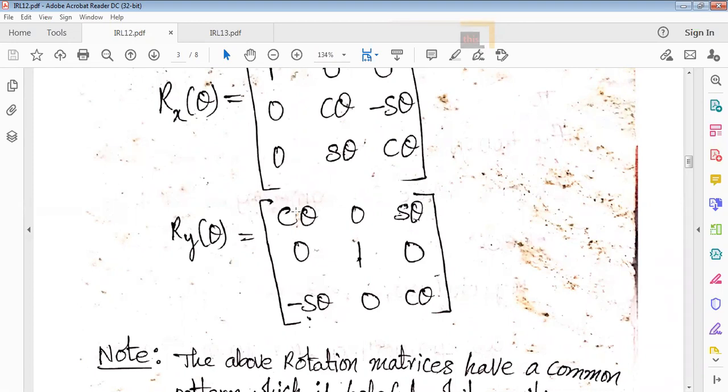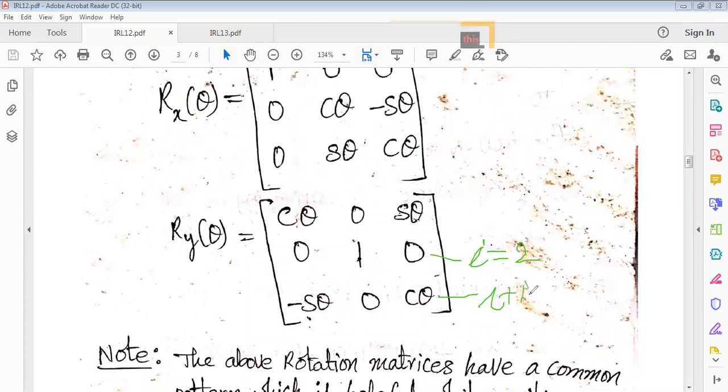The other diagonal elements, except i, are cos theta. And for the off-diagonal elements, here i is equal to 2, and this row is i plus 1.